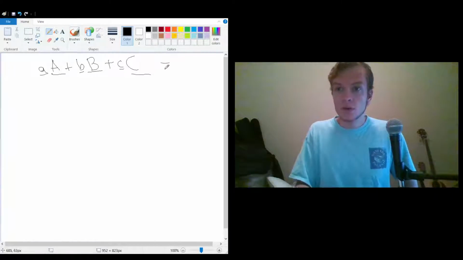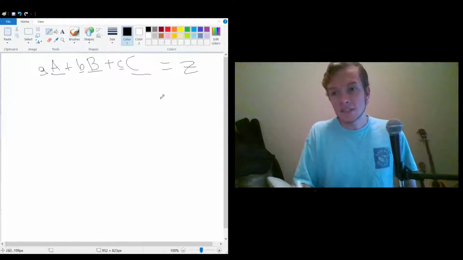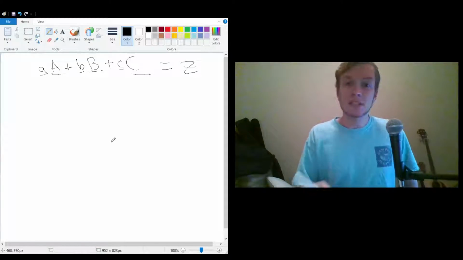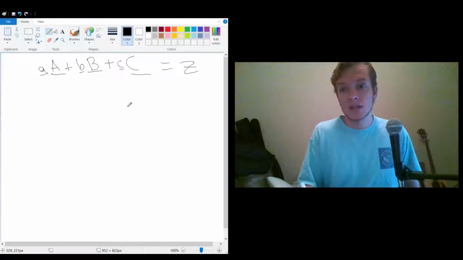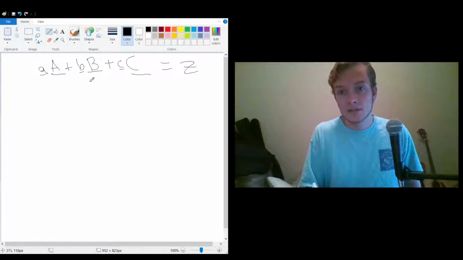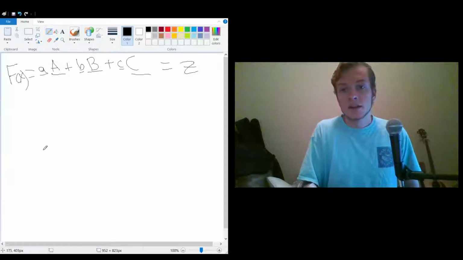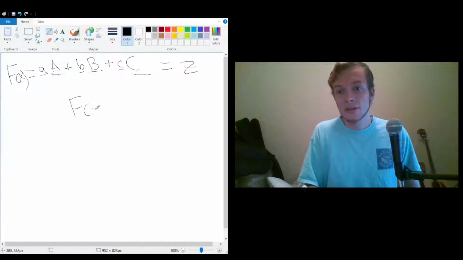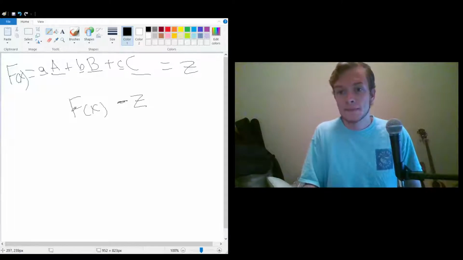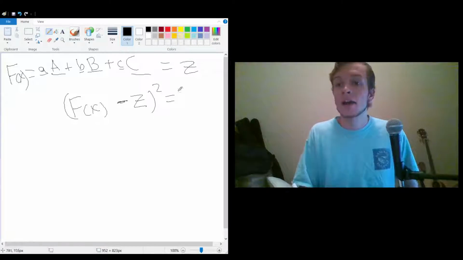So we're trying to approximate some z, right? Essentially, we're setting up an equation which is equal to 0, just like we did in the previous part. I'm going to call this big F of x. So we're saying big F of x minus z, all squared, which is why it's least squared regression, is equal to 0.